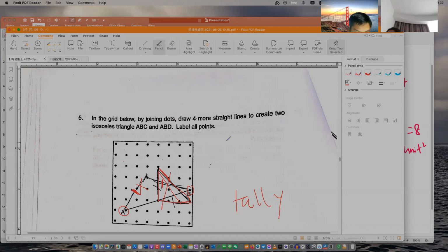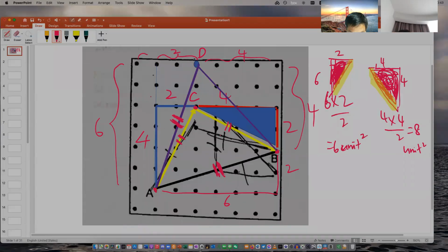Once you have drawn the isosceles triangle, you need to tell people by signaling which two sides are the same, like what you have done here. Similarly, if you have drawn it this way, let's say you want to tell people this A, B, D, the A, the B, the D here, they are isosceles.